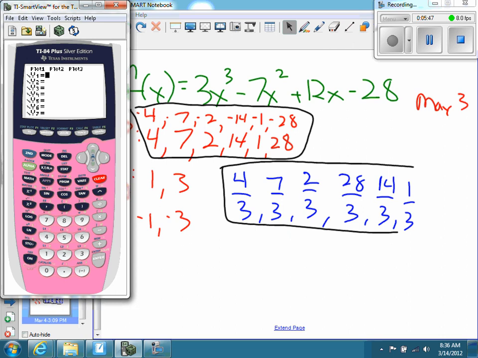So I have 3x cubed minus 7x squared plus 12x minus 28. I got an extra x in there, so I'm going to stop it before I cause a problem, and we'll delete that. Okay, so I'll zoom 6.